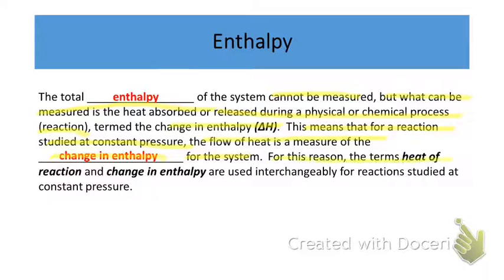For this reason, the terms heat of reaction and change in enthalpy are used interchangeably for reactions studied at constant pressure. We'll dive into this a little bit more and get a better understanding of enthalpy throughout this lesson.